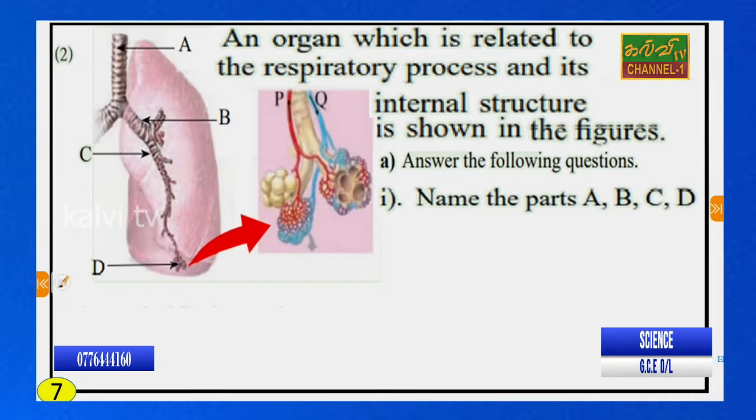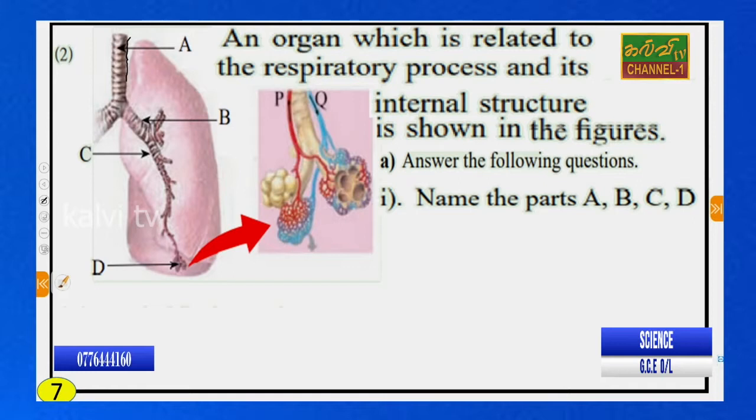An organ which is related to the respiratory processes and its internal structure is shown in the figure. Answer the following question. Name the parts A, B, C, D. Actually, A is a tube, right?